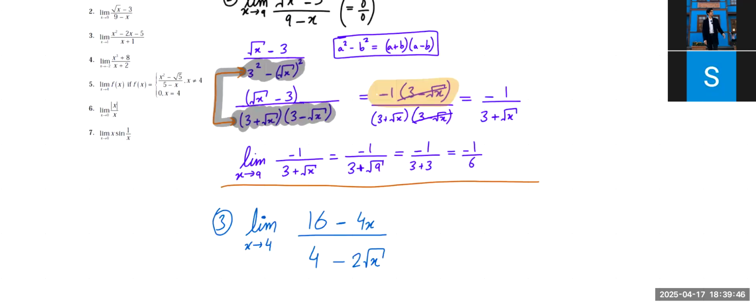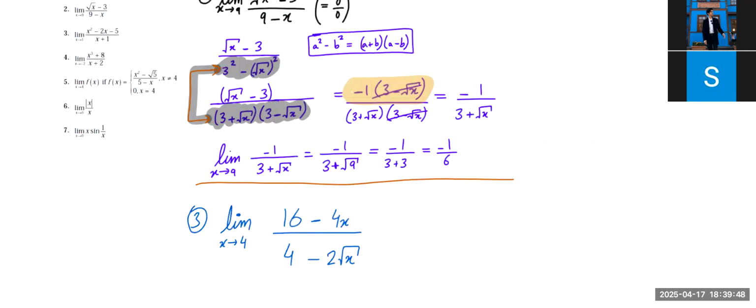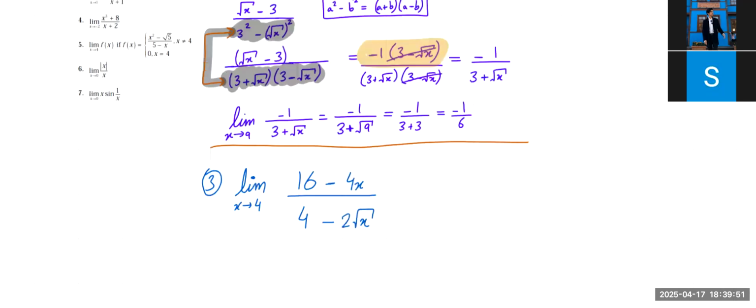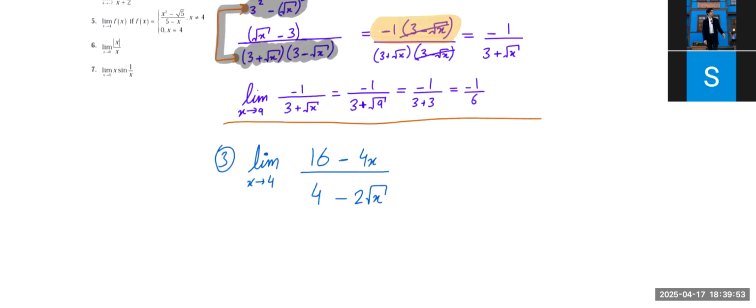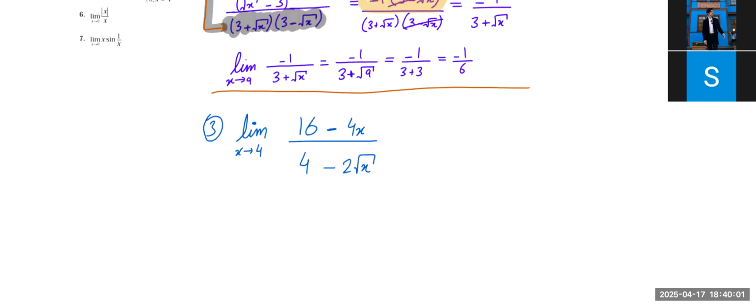So how did you get it? First I tried direct substitution and then I got 0 over 0. Good. But I was able to simplify the numerator and factorize, and got 4 outside the brackets, 4 minus x.